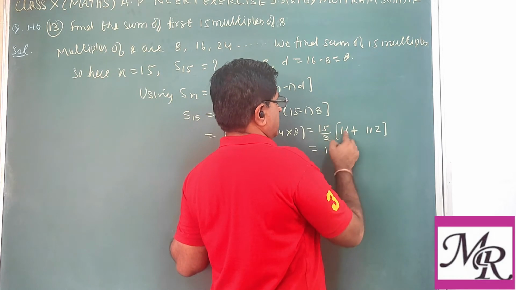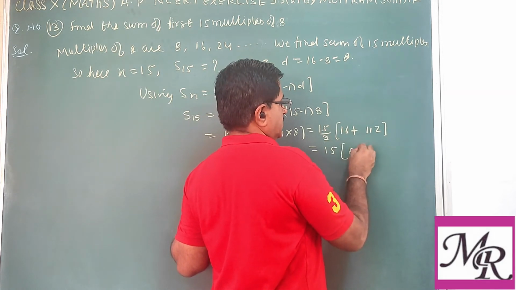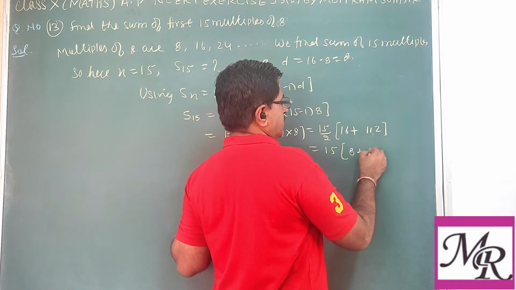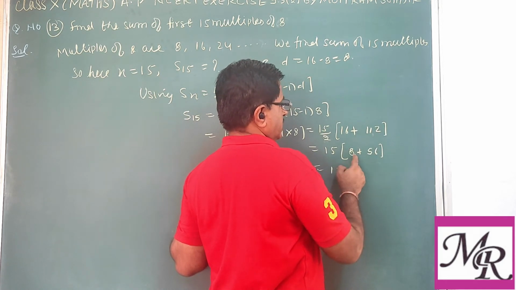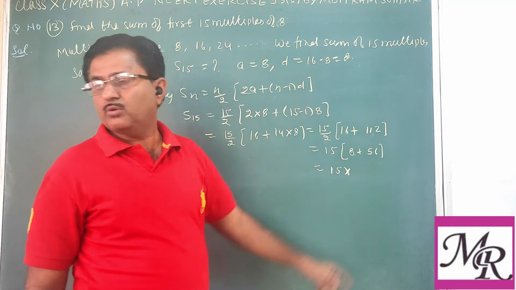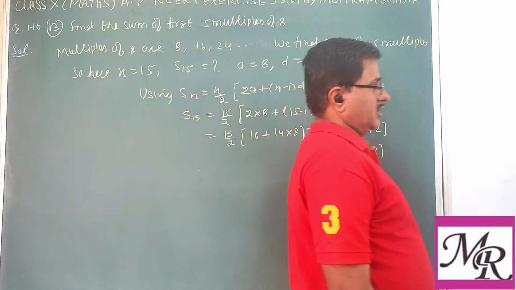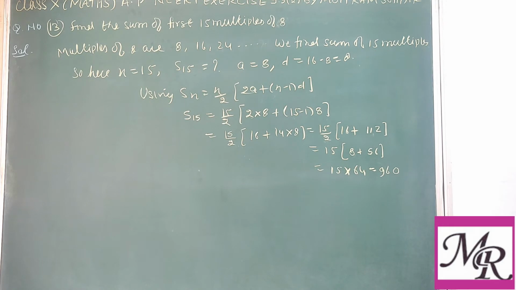This can be divided by 2, so we can solve it easily: 128 divided by 2 is 64. So 15 into 64. Multiply this and you get the answer: 15 into 64 is 960.